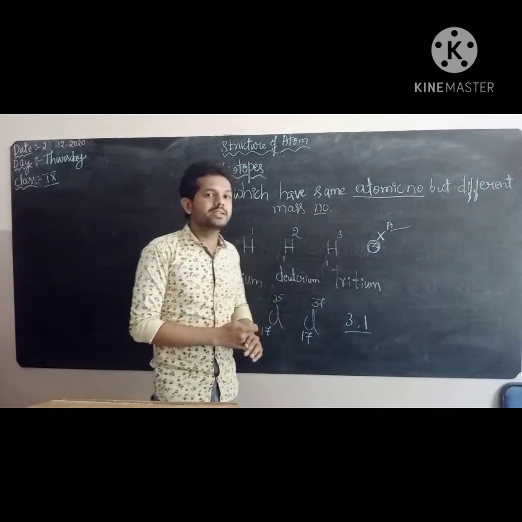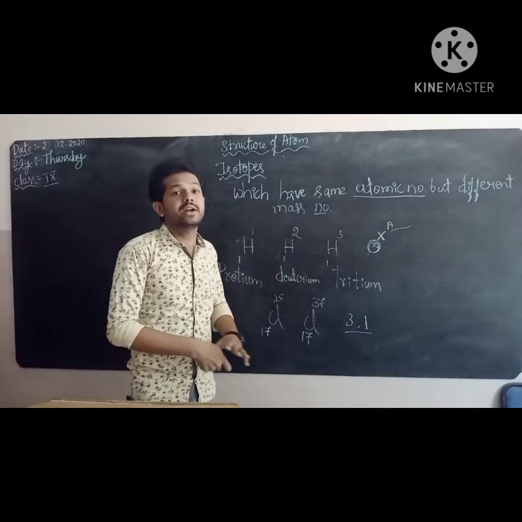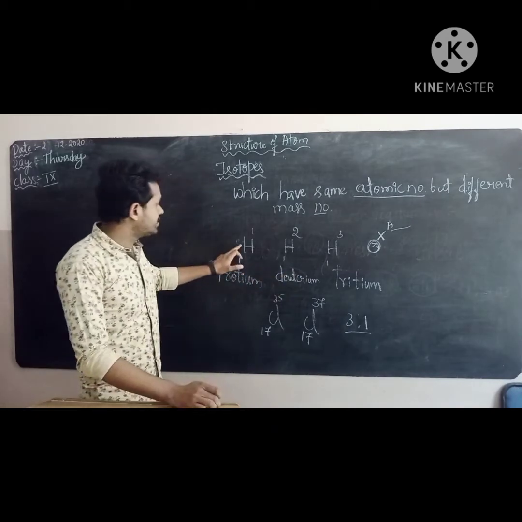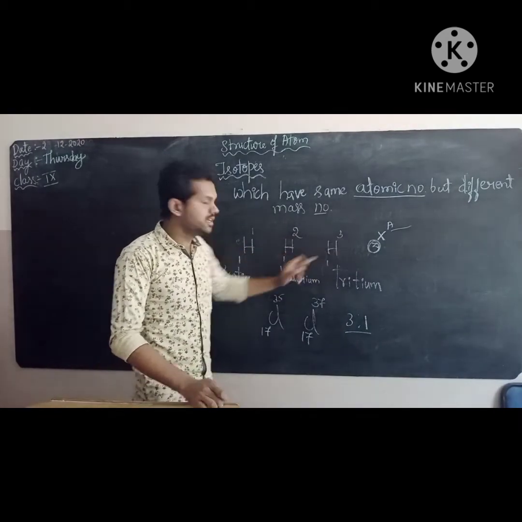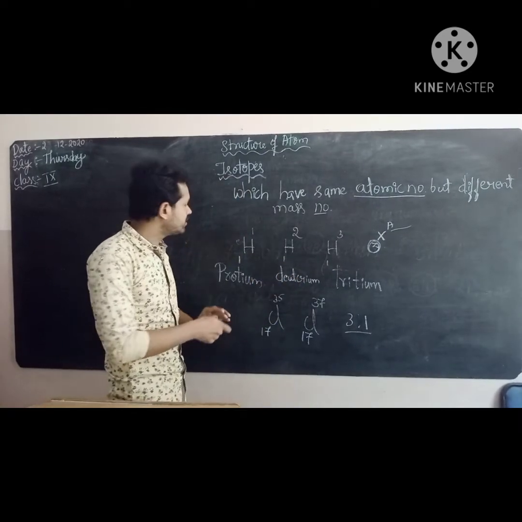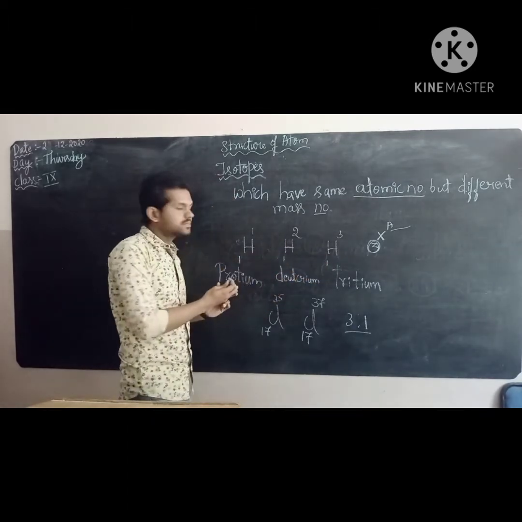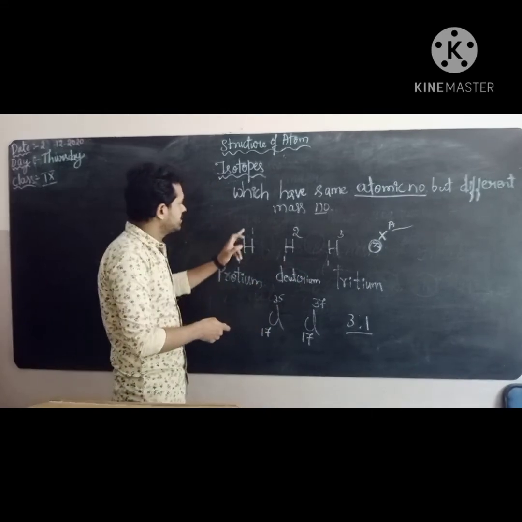This is nothing but isotopes. Here we have an example, that is hydrogen. Hydrogen exists in nature in 3 forms: hydrogen 1 1, hydrogen 1 2, hydrogen 1 3. You just observe these 3 isotopes of hydrogen. Atomic number will be the same, but mass number will differ.